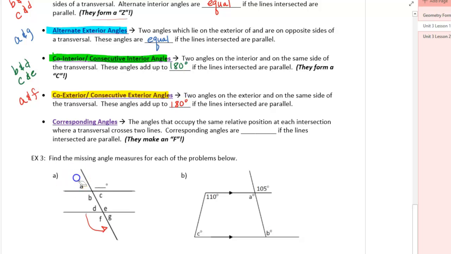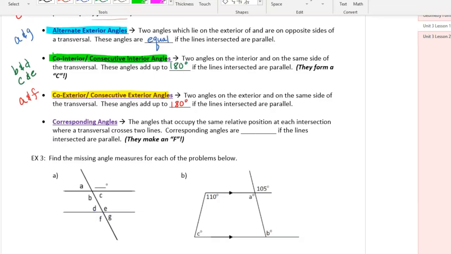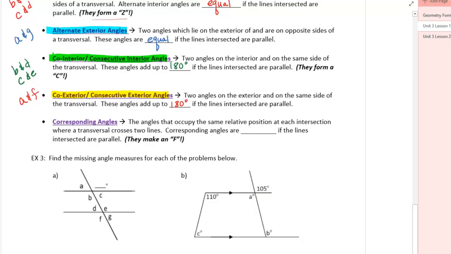The last relationship we have and angles we have to classify are called corresponding angles. Corresponding angles are angles that occupy the same relative position at each intersection where a transversal crosses two lines.